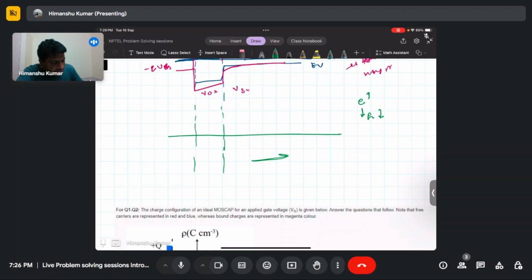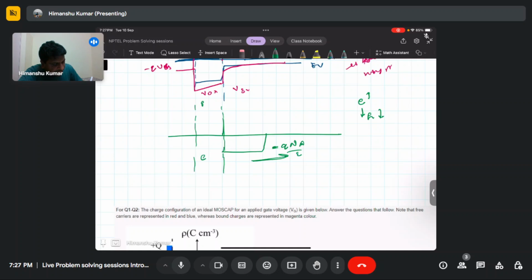So that is known as the depletion region, and the charge density, if you plot, is given by minus q N_A. So it is not like this. The charge density is given as minus q N_A by epsilon, so this is q and minus q N_A by epsilon.